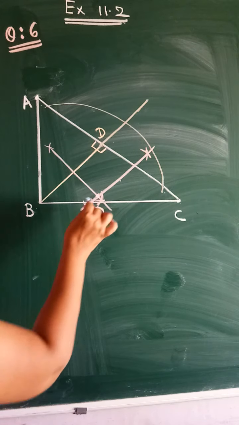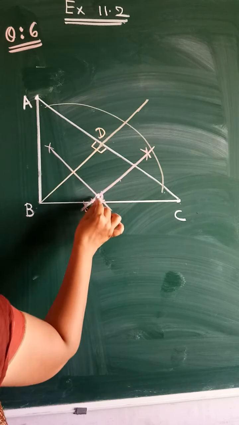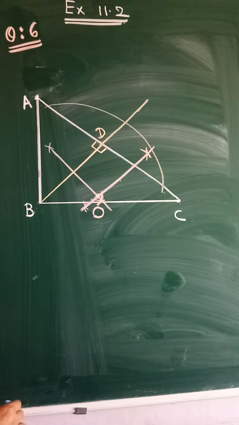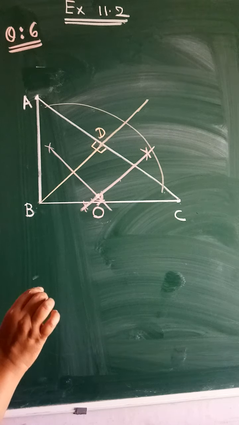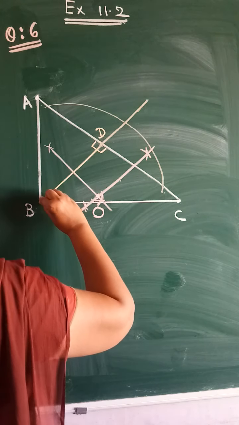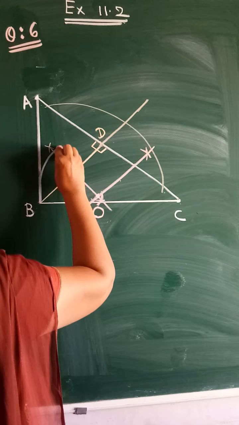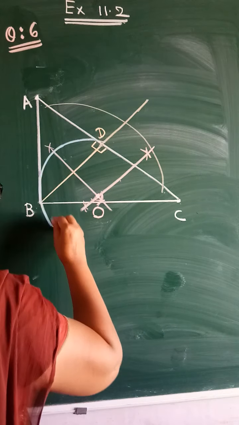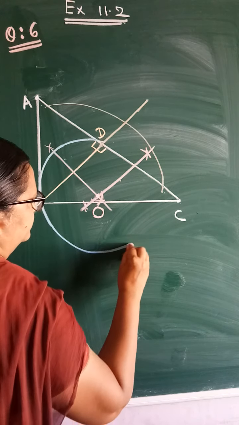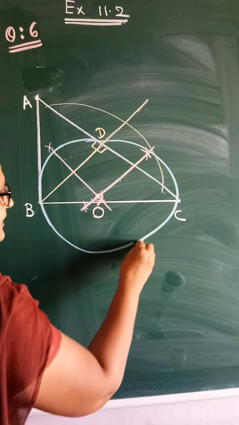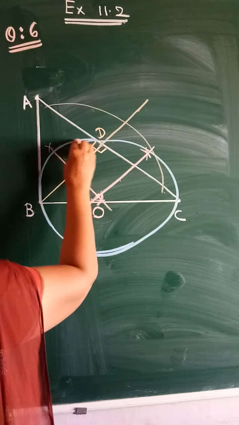Now as O is the center, OD, OB or OC, any distance you can take and draw a circle. My circle may not come perfect, but you will get it. So let us draw a circle taking this BD. You will get something like this circle.